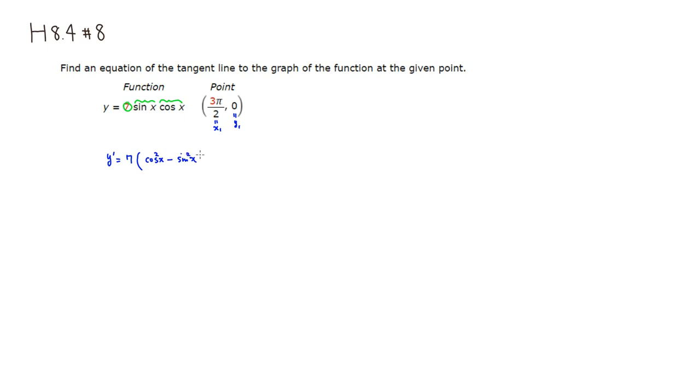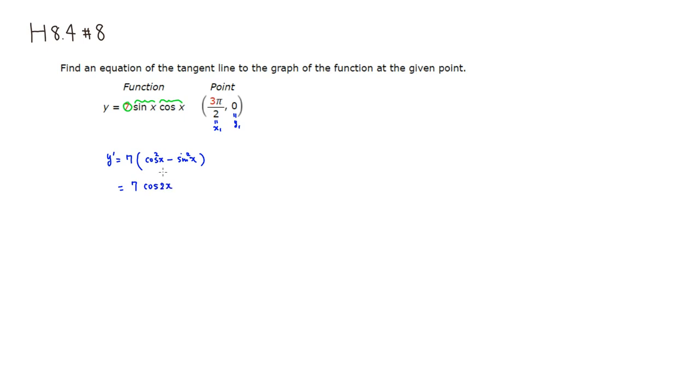sine squared of x. Cosine squared minus sine squared, you don't have to do this, but this is equivalent to 7 times cosine of 2x.